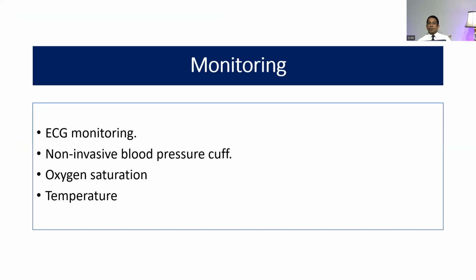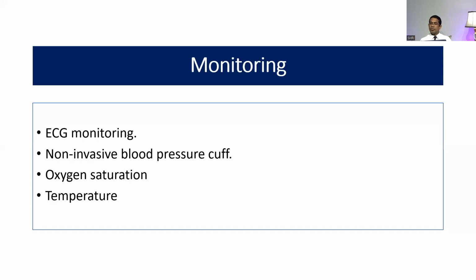When somebody asks about monitoring, what are the things you're going to monitor in a patient coming with trauma? In A, what are you going to monitor? A and B are usually amalgamated; you need to monitor the patient's respiratory rate, respiratory distress, and the saturation level. In C, what I'm going to measure is pulse rate, blood pressure, and capillary refilling.